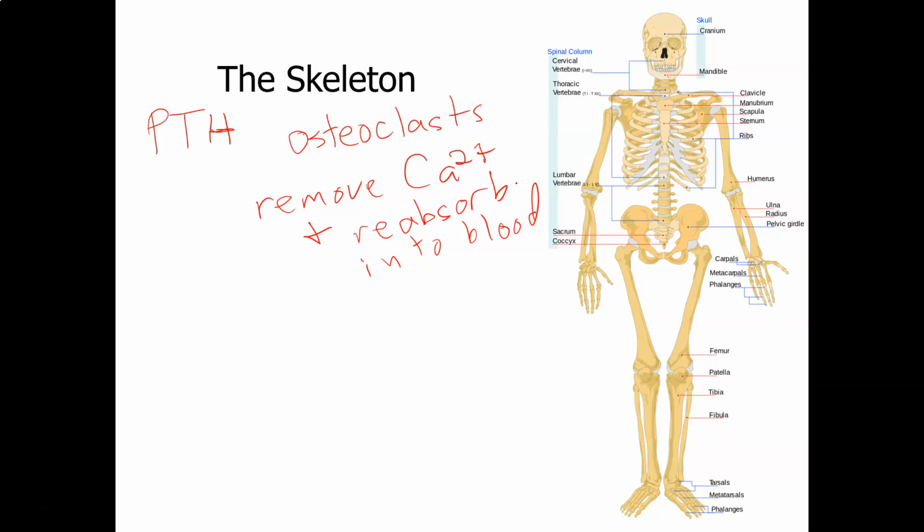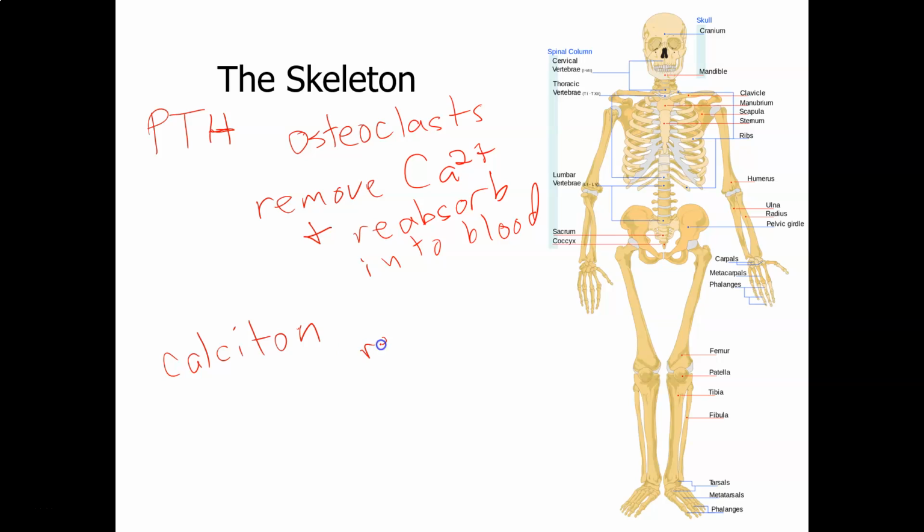And then the thyroid produces calcitonin, which does the opposite. If your blood calcium levels are too high, the thyroid will produce calcitonin, and calcitonin will help build bone, take the calcium from your blood and put it back into your bone.